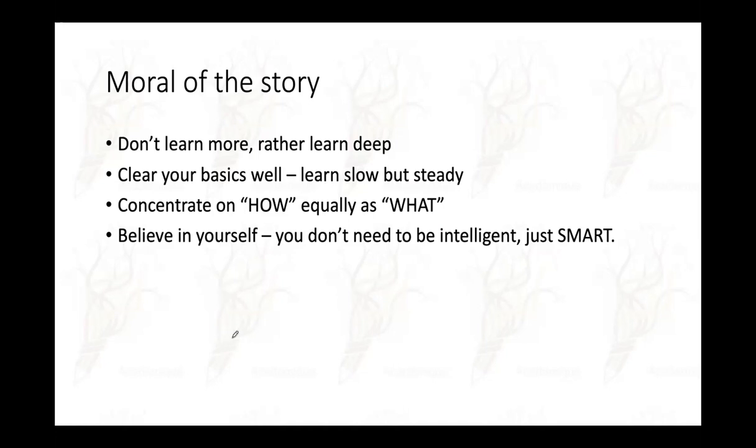If you don't learn it that way, then scoring higher in CAT, and when I mean higher, I mean your best, because please remember, you will never know how much others are scoring during the paper, and therefore you have to achieve your best. This can be achieved only when you can concentrate on how equally as what.